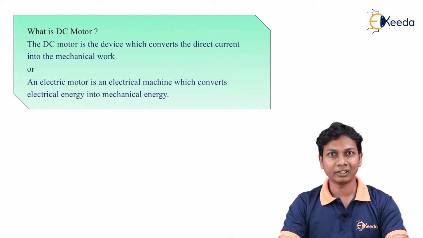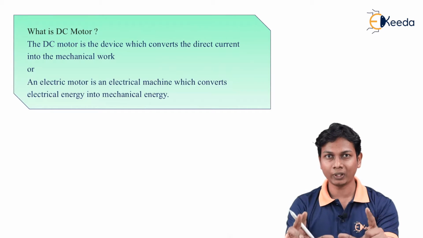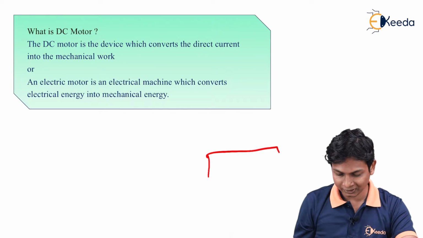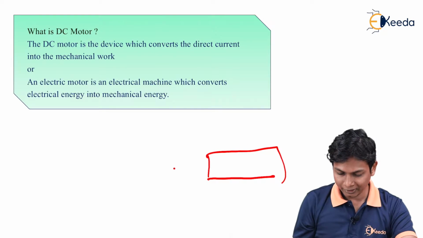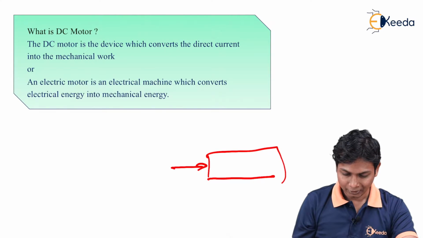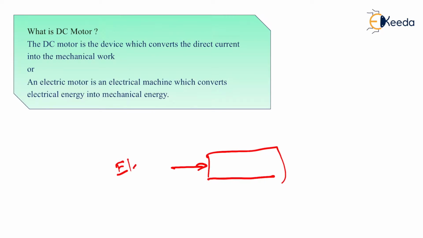So as I said earlier, an actuator is a particular system, and here the input is electrical and the output is mechanical.